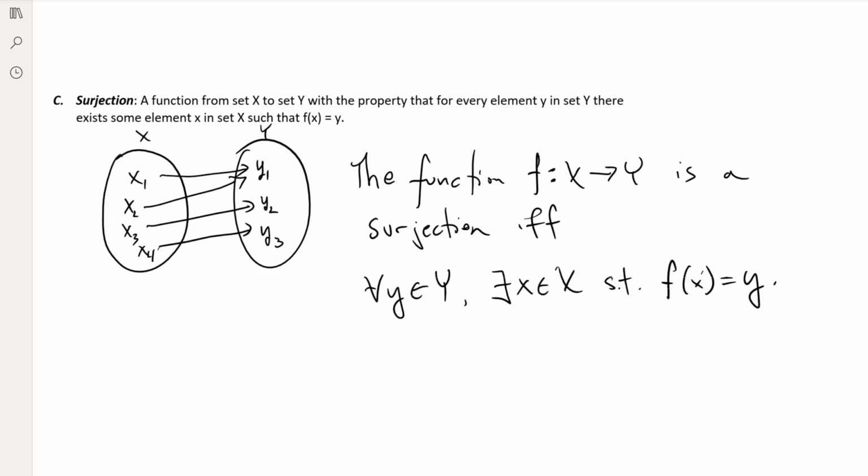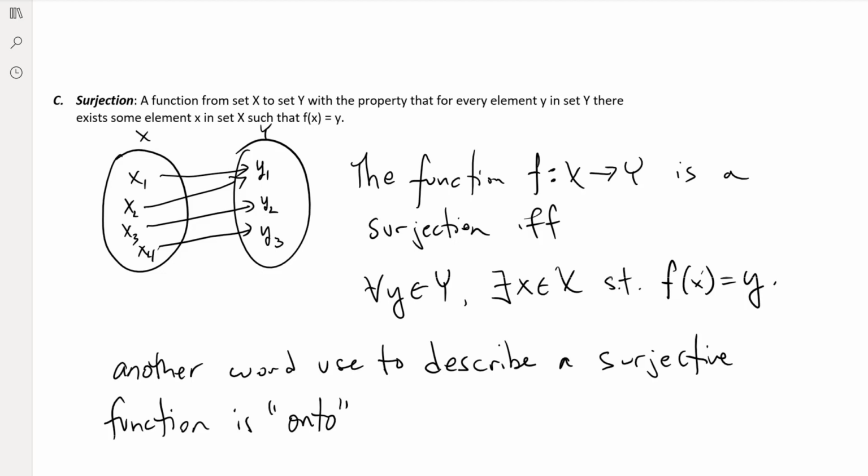So basically, another word for this is we say f is onto. So another word used to describe a surjective function is to say that it is onto.